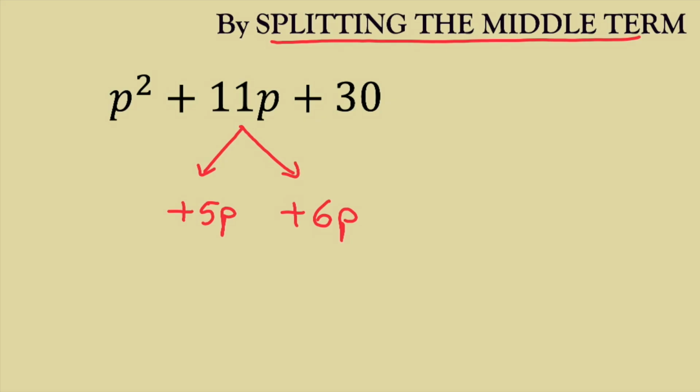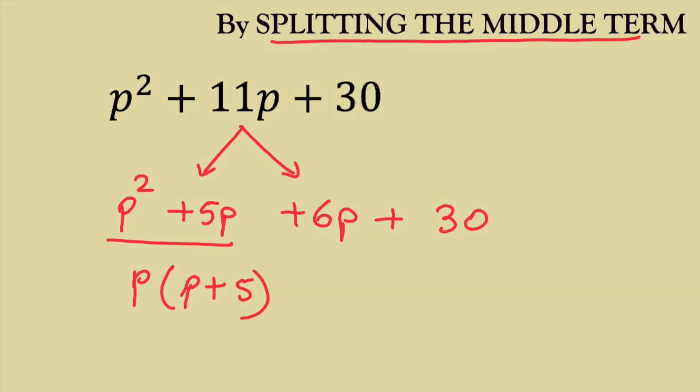First term as it is, last term as it is, and after splitting the middle term, now you have four terms. So for four terms, you group them in twos and then take out the common factor. From the first group, p is common, p plus 5 is the remaining factor.